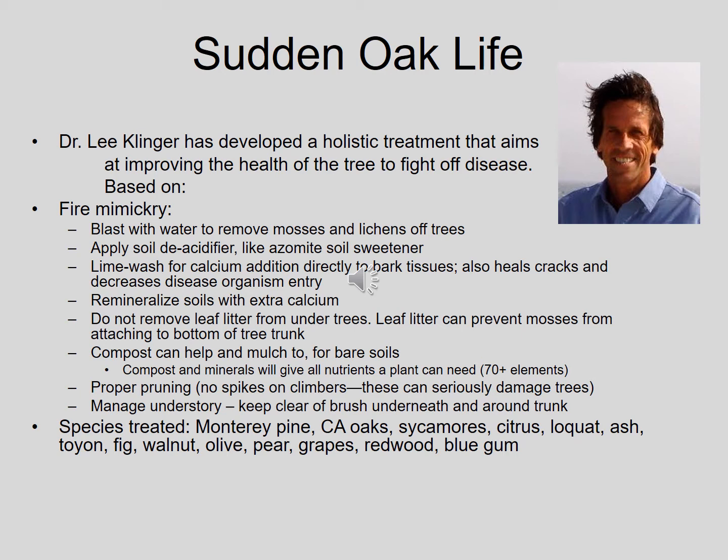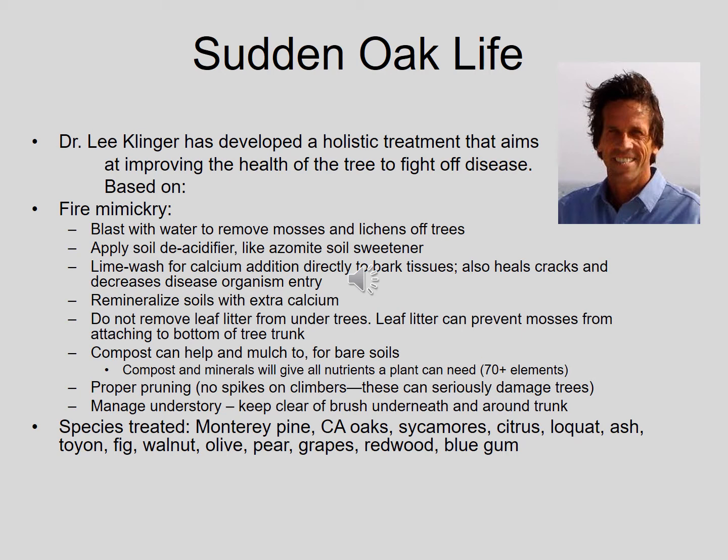And Dr. Klinger's treatment methods are based on that: if we mimic fire, take the lichens and mosses off the trees, pull back a lot of that organic matter buildup and put down compost and soil that can deacidify, like this Azomite product with a lot of calcium in it.